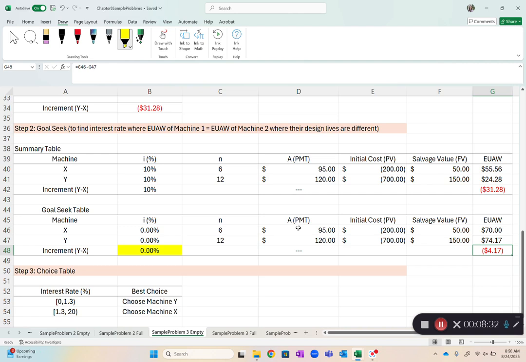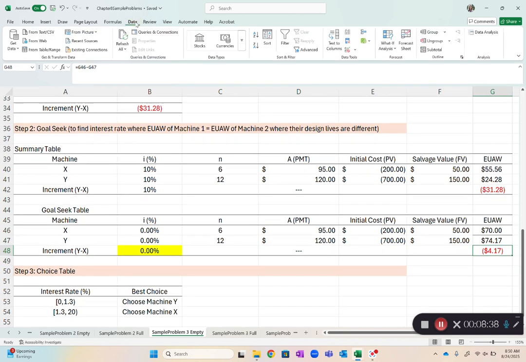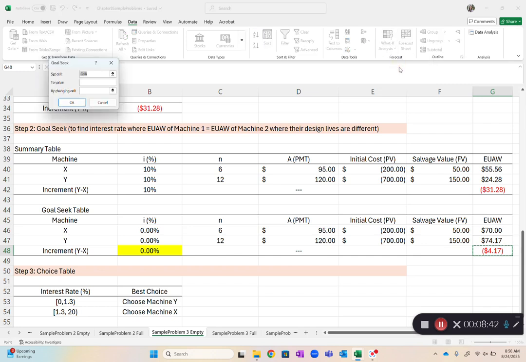I'm in essence setting the one line equal to the other, and I'm just letting Excel do the solving for me. So I go into Data, What-If Analysis, and then GoalSeek. If you don't have that listed there, you might need to do an Excel add-in for it.